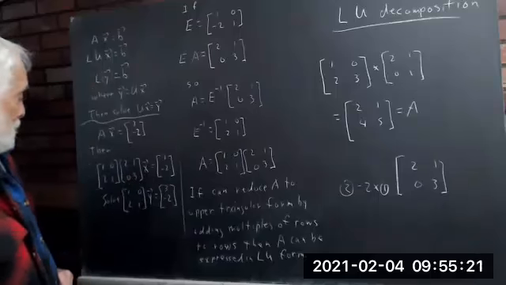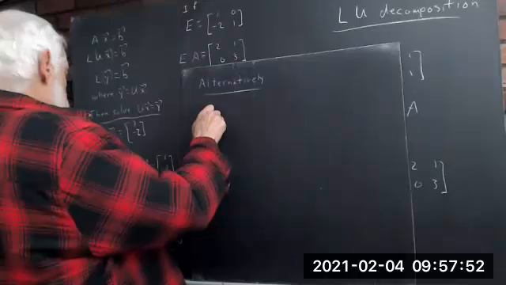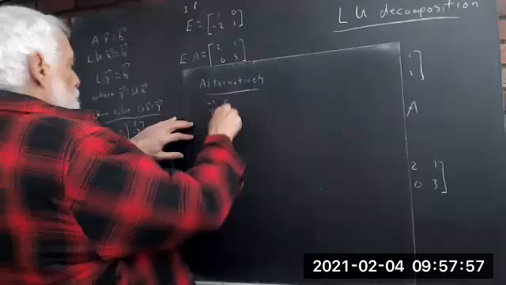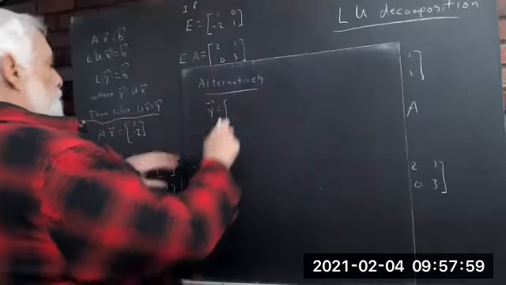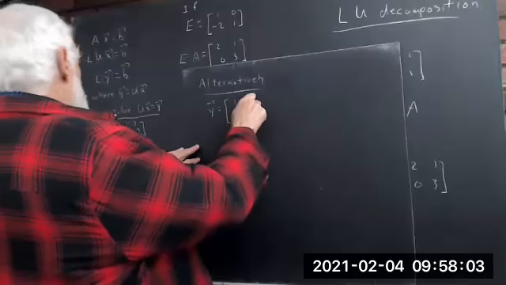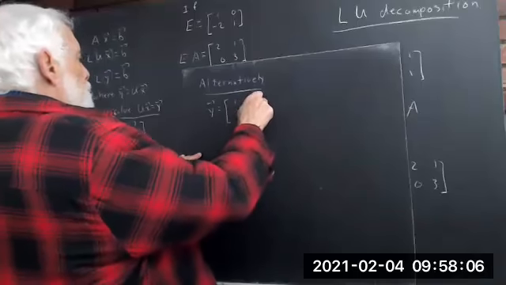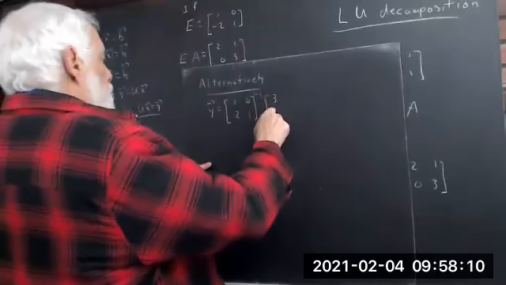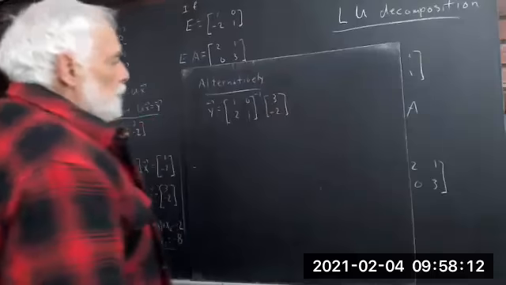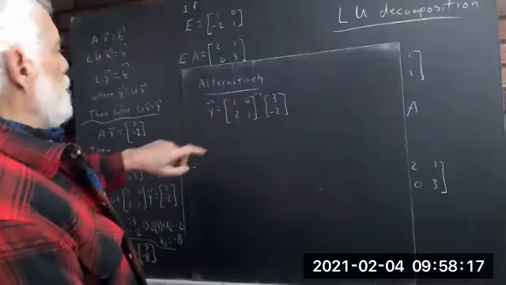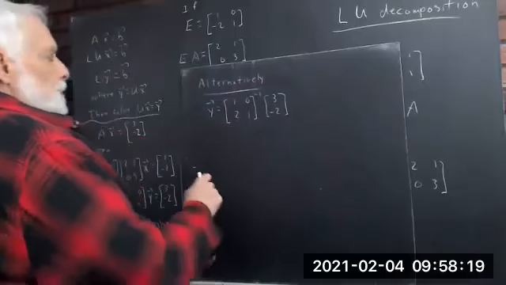Alternatively, y equals 1, 0, 2, 1. So we conclude that 3, negative 2, LU form of a matrix, and the matrix A, this matrix isn't unique.